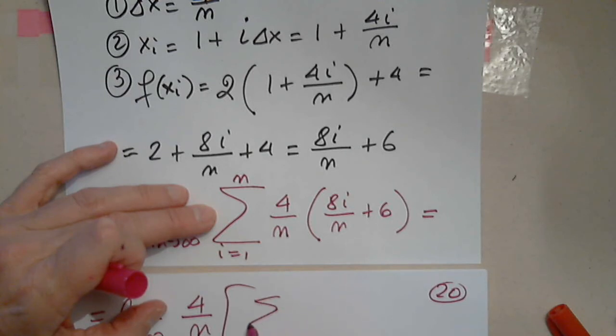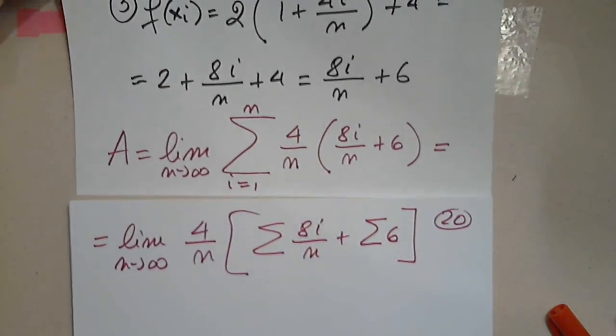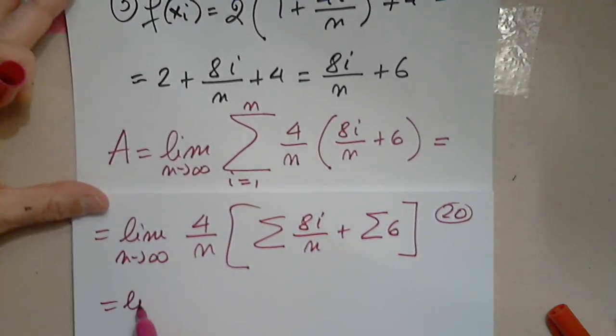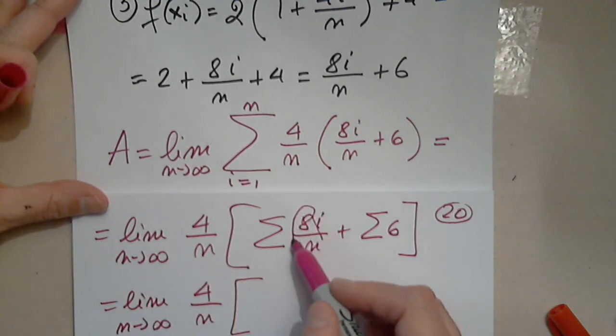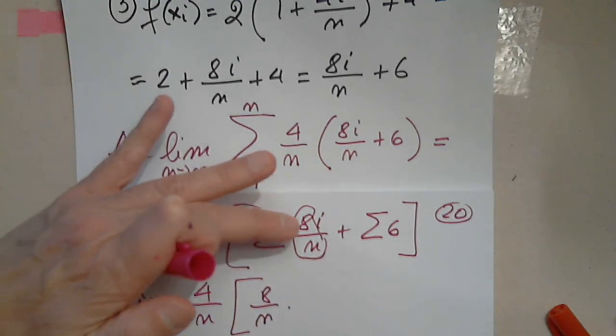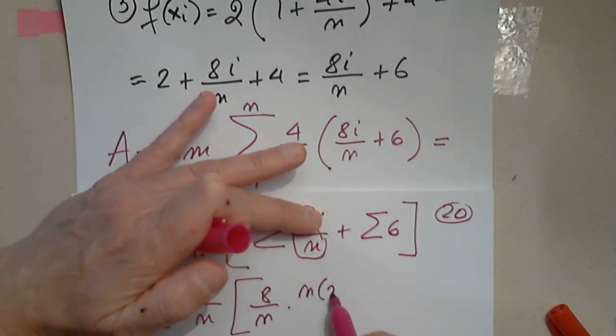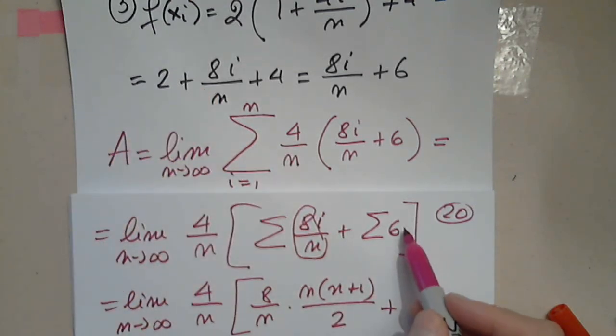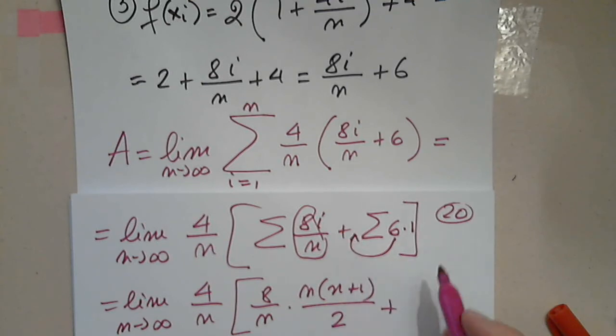So the sum of 8i over n plus the sum of 6. And this will be limit as n approaches infinity of 4 over n. Again, I take 8 over n in front, and I will have the sum of i, which is nice, n plus 1 divided by 2, plus, this is 6 times 1, I take 6 in front, and the sum of 1 is n.